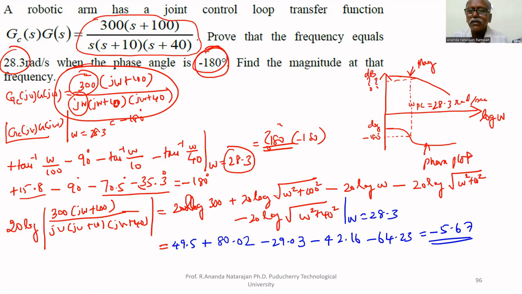Therefore, the magnitude at this point is minus 5.67 dB. That is the answer.